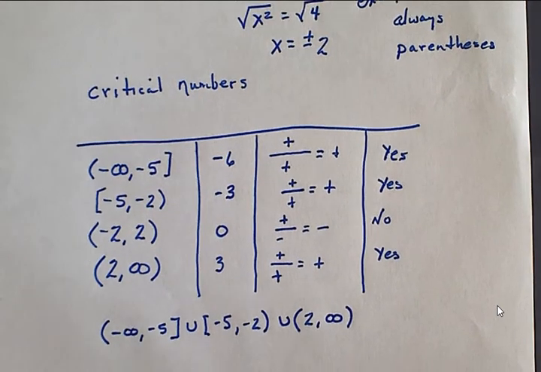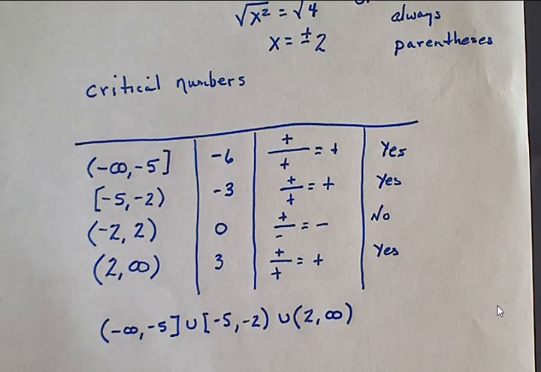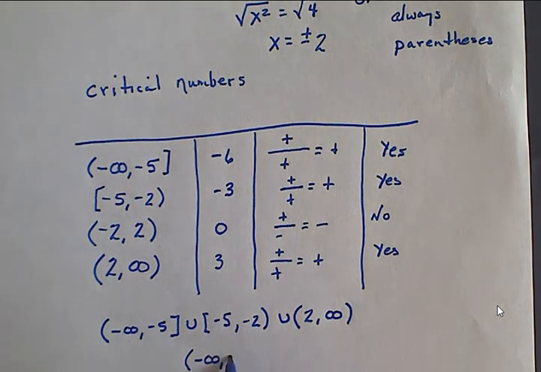Because the -5 is shared by both of those, and because they are both brackets, there is no break in that interval. So we can actually put those two intervals together and call that -infinity to -2, and then +2 to +infinity.